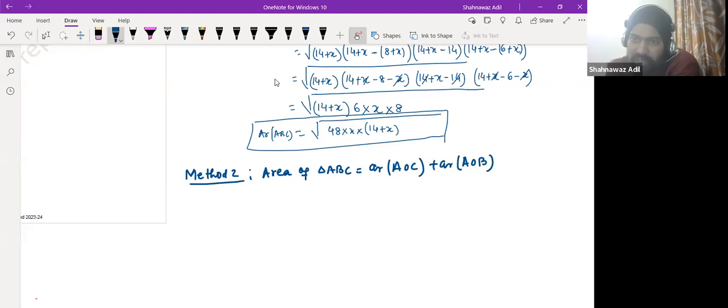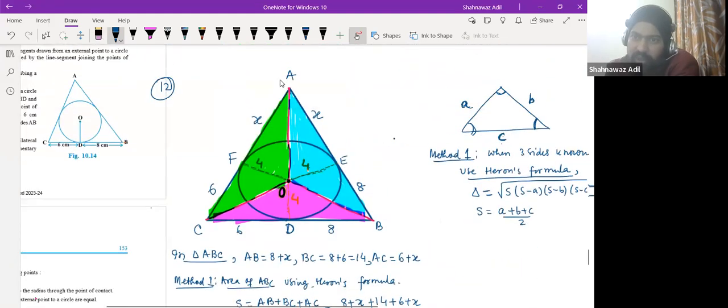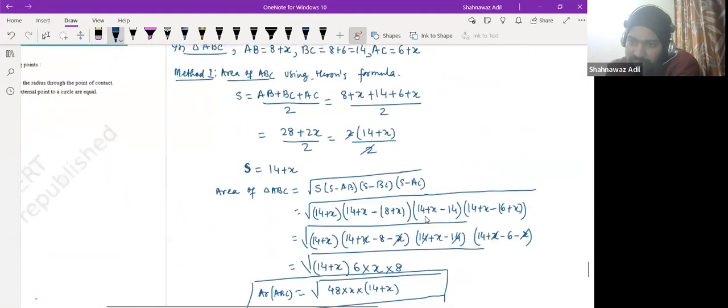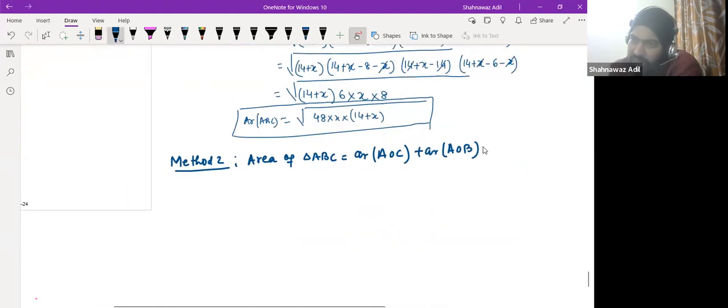Right. Let me check that. So AOC and AOB and BOC, and area of BOC. This would be the second method.